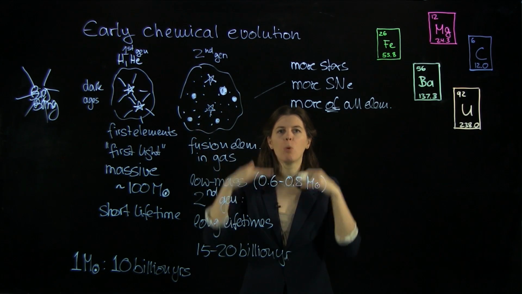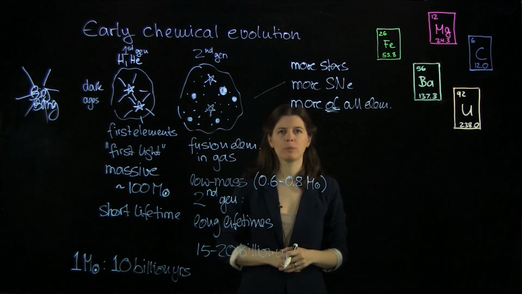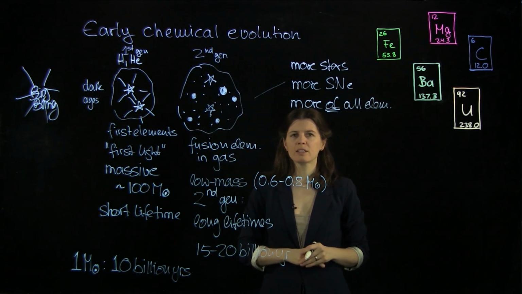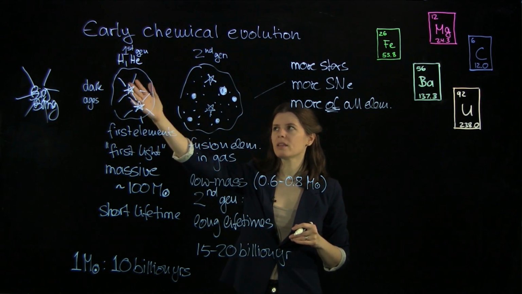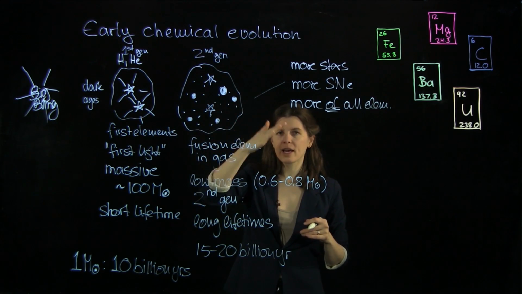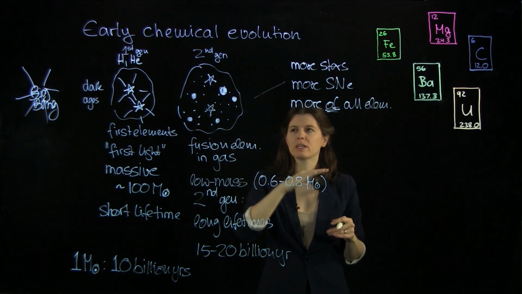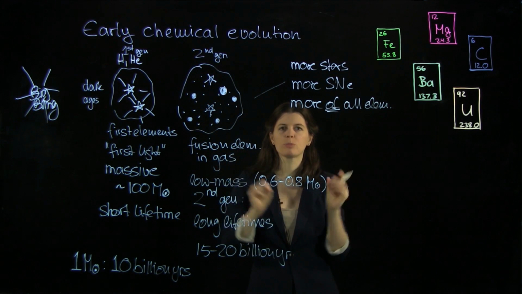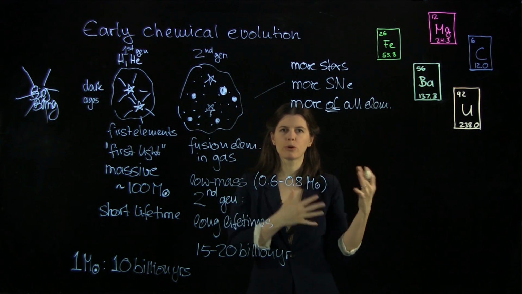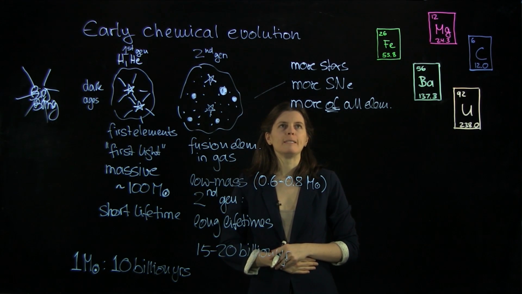Then with time, more and more of all of them were created. It's not that the universe, because it was just hydrogen and helium in the beginning, then took time to build up all the elements and march through the periodic table with time. That is not the case. Everything was produced from early on, and then just more and more of it.